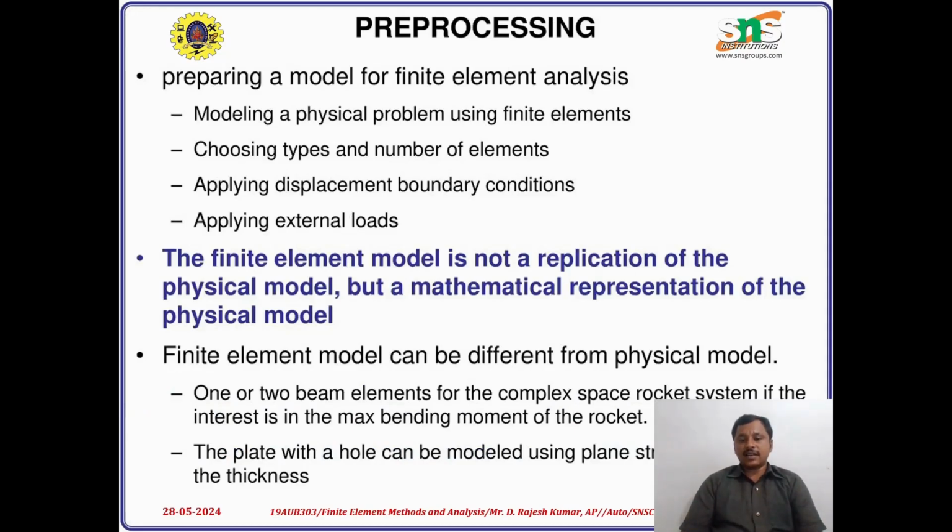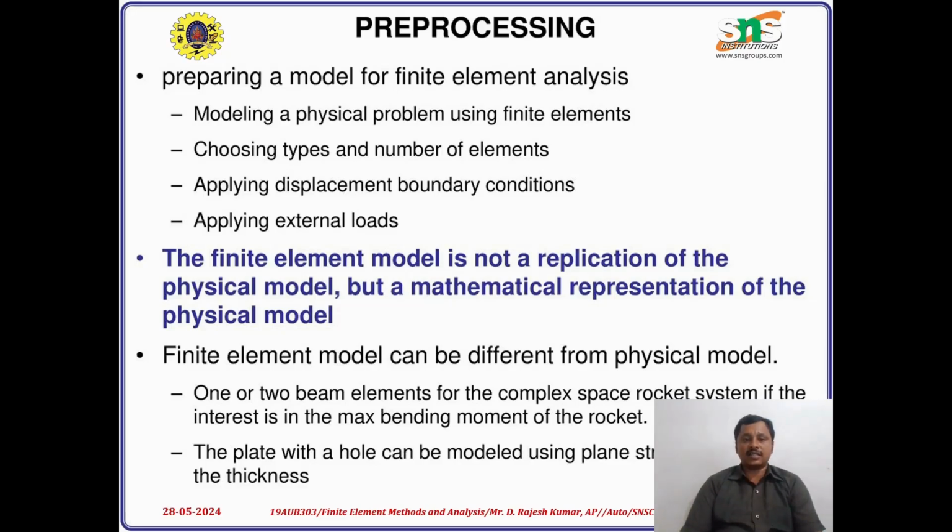Next, stage 1 of FEM, otherwise called pre-processing. In pre-processing, we model the problem, that is, mathematical modeling: modeling a physical problem using finite elements. Then we choose the type of element and the number of elements, and then the displacement field, whether it is a linear polynomial or a quadratic polynomial.